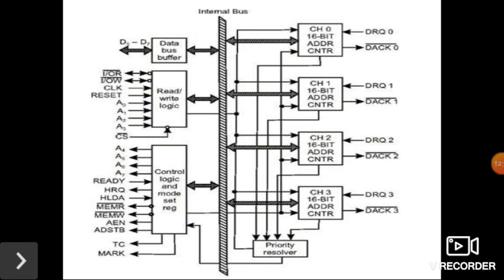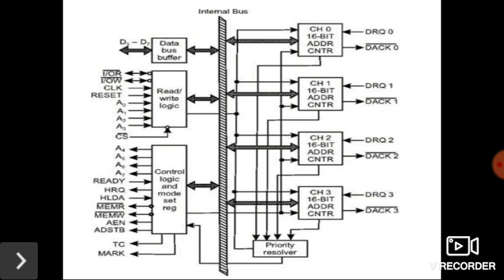The 8257 can operate in either slave mode or master mode. In the slave mode, the read or write logic accepts the IOR bar or IOW bar control signal.